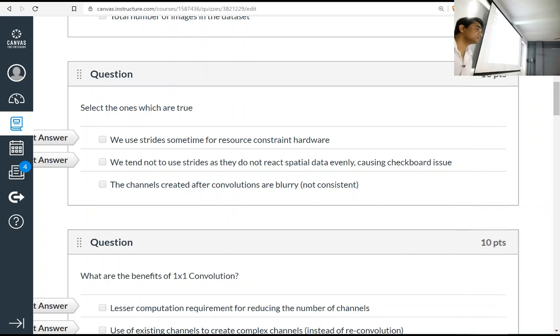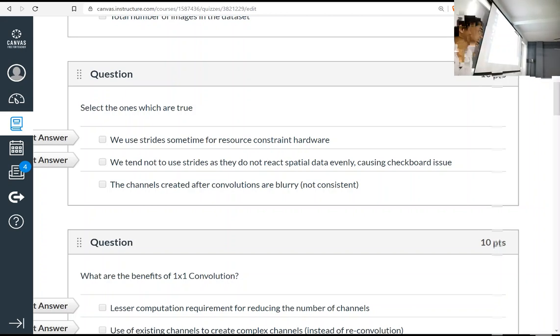Now, we tend not to use strides as they do not read spatial data evenly. They don't distribute the spatial data evenly, causing checkerboard issues. How many of you selected this because it had checkerboard issues, but the statement did not make sense? We tend not to use strides as they do not read spatial data evenly.